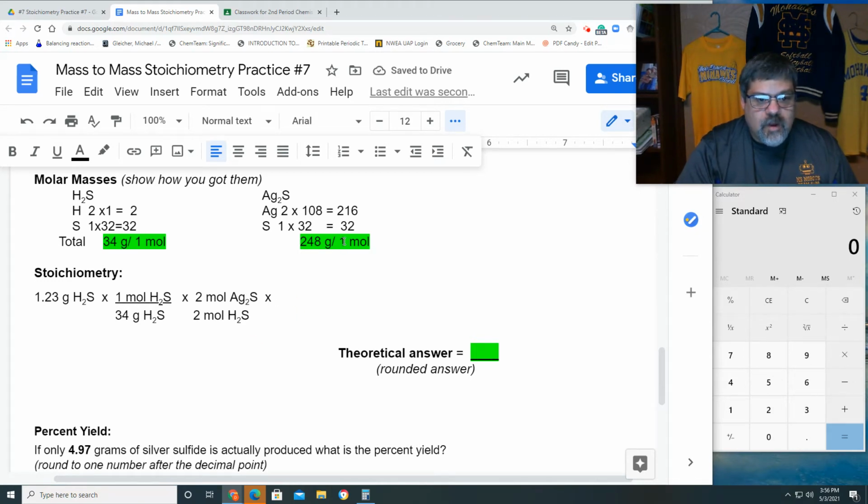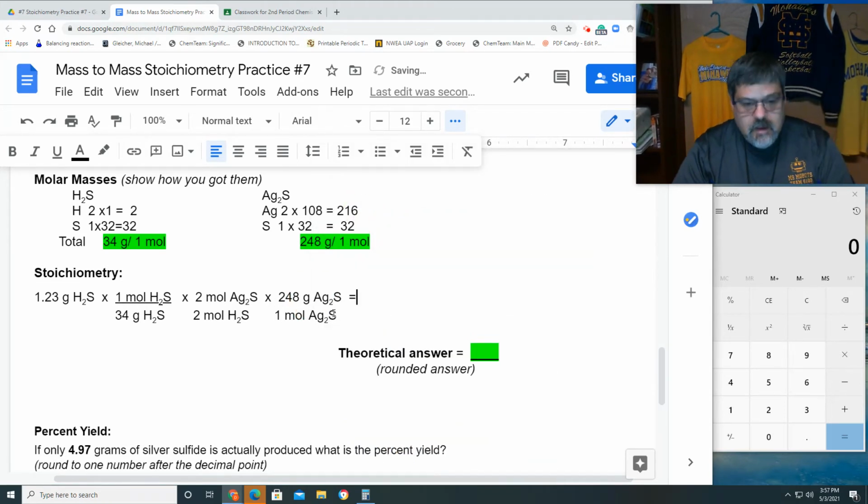And that's going to be 1 mole at the bottom of silver sulfide. And at the top, we're going to put this number in here. So we're going to put in 248 grams of silver sulfide. And that's going to equal. So now we went from grams of hydrogen sulfide to grams of silver sulfide.